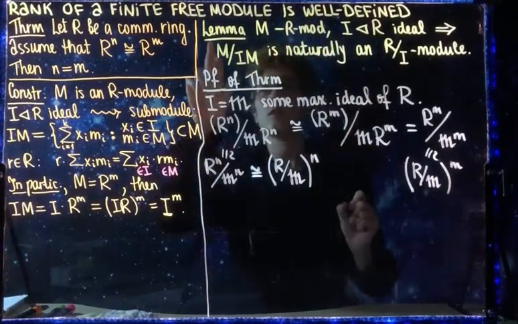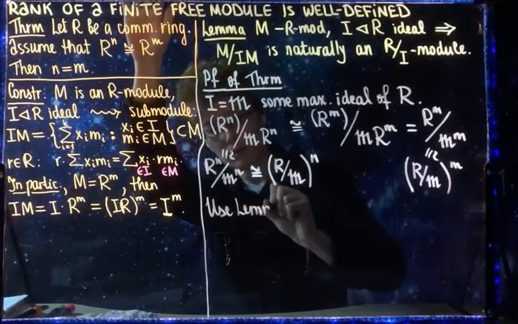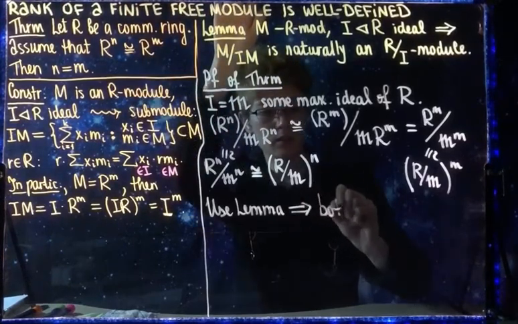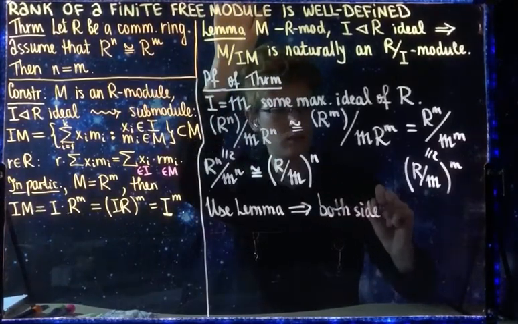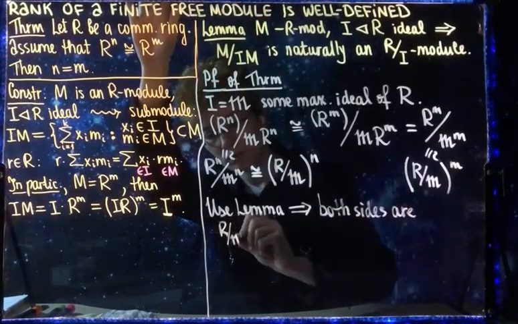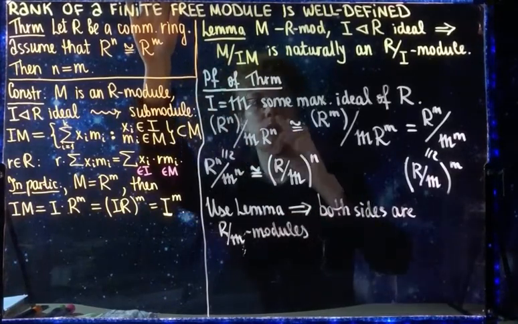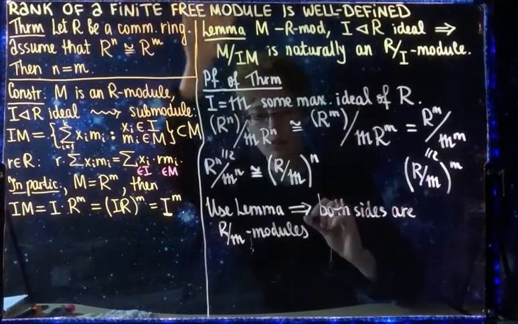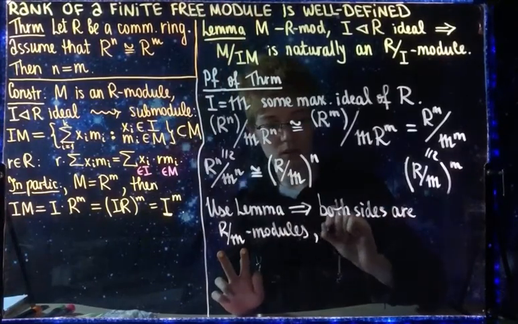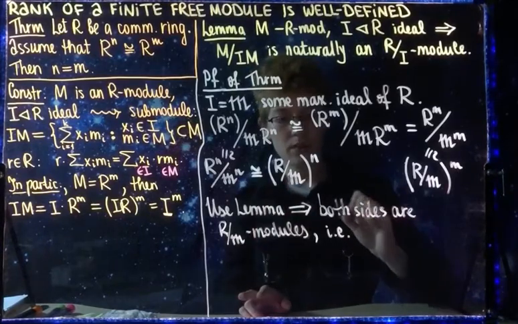And now use the lemma to conclude that both sides are R mod m modules. But since m is a maximal ideal, the quotient is a field. So, in fact, both sides are vector spaces.